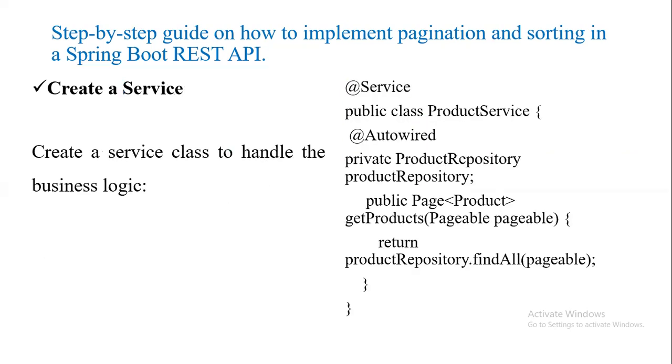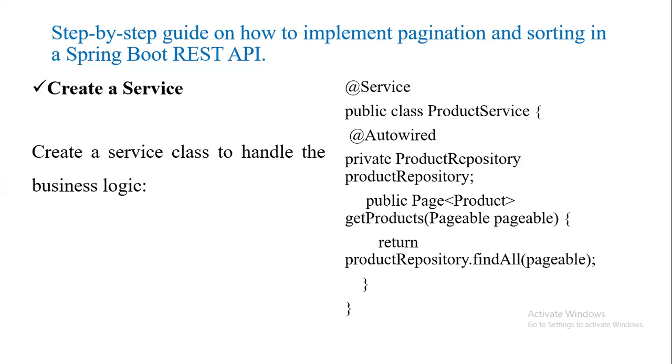Next, we need to create a service layer, which helps you handle the business logic. The file is annotated with the @Service annotation. Here we have created a class called ProductService. Inside the ProductService class, we have annotated the repository object as @Autowired.